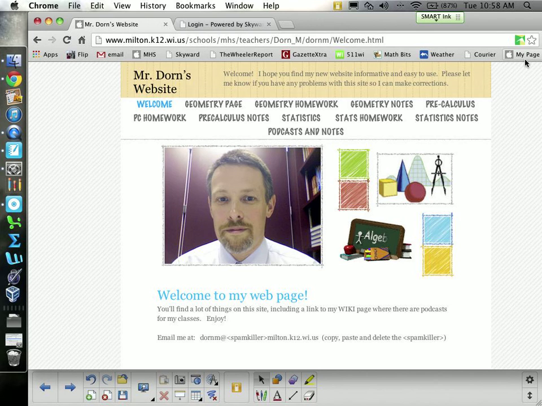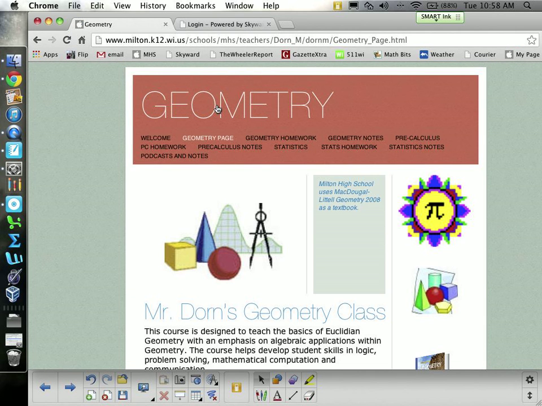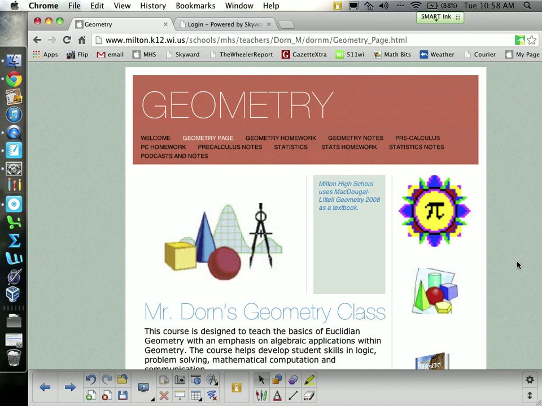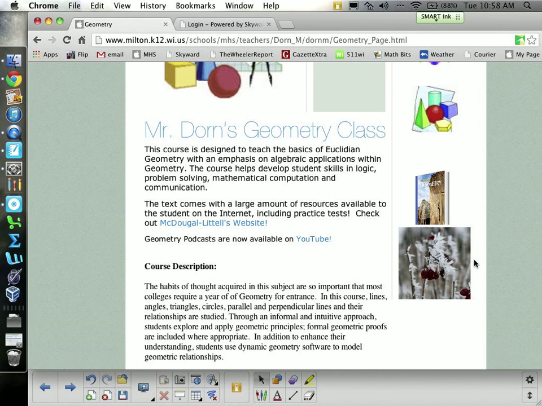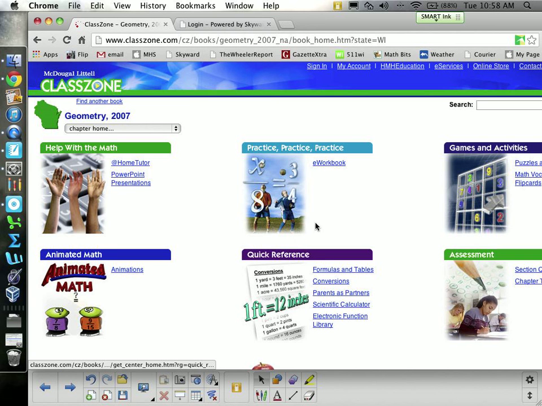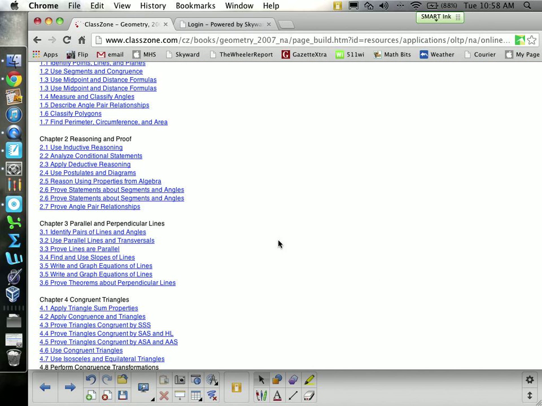So you could very easily go to the geometry page and then go to the book website, and you could take some section quizzes and choose these sections 3.3, 3.4, 3.5, 3.6.